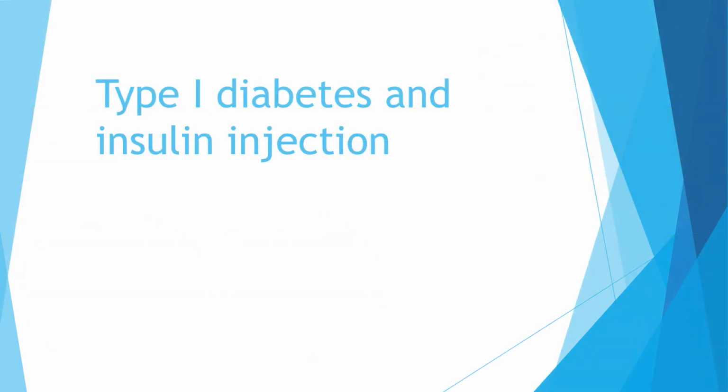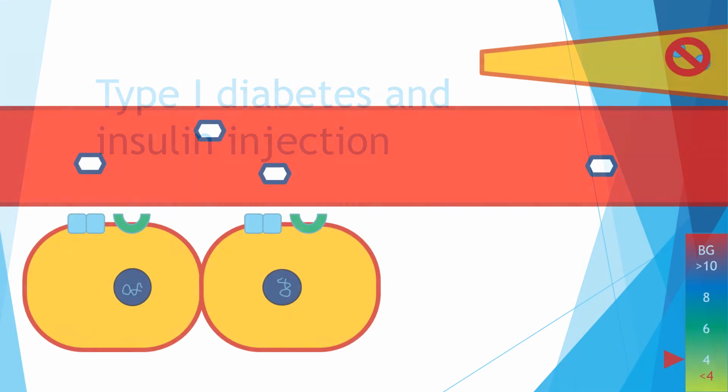To prevent this in type 1 diabetes patients, what we have is something called insulin injection. So basically, you have a lot of sugar coming into our body, the blood glucose level increases, and we will inject some artificial insulin into our body, absorbed into our blood vessels, and be used by our body.